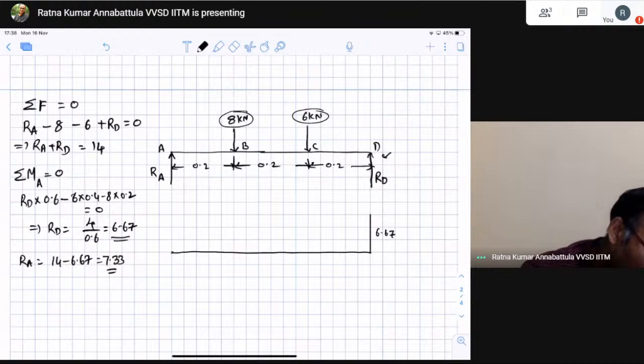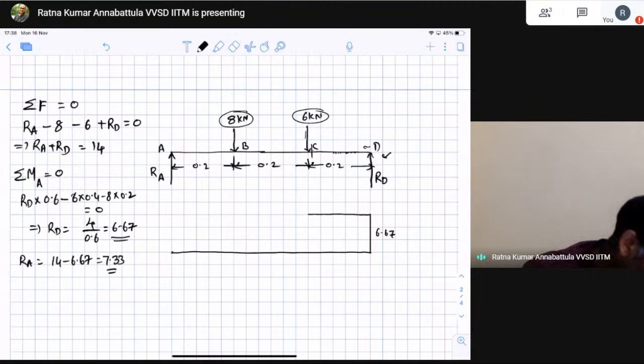And then, even if you come here, there is no other shear force. If you are coming from D towards C, there is no other shear force in between, and hence, until a point very close to C, right of C, the only force experienced by the beam, if you are looking from the right side, is RD, and hence it remains constant up till there. But at C, you have this downward 6 kilonewtons force.